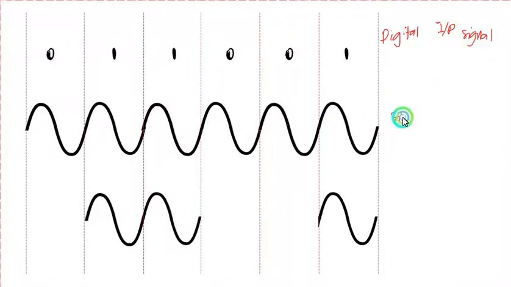Syempre, this is our sinusoidal nga carrier wave. And this is your ASK.